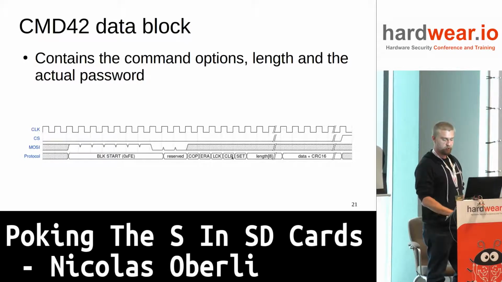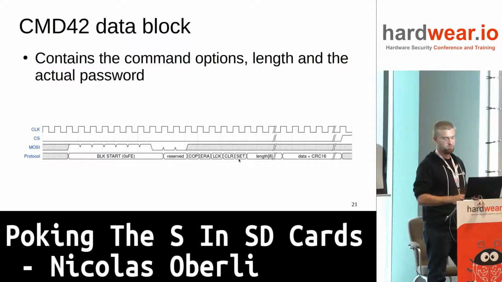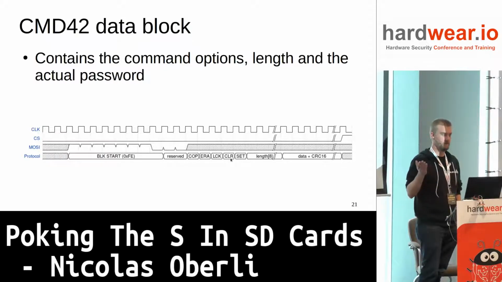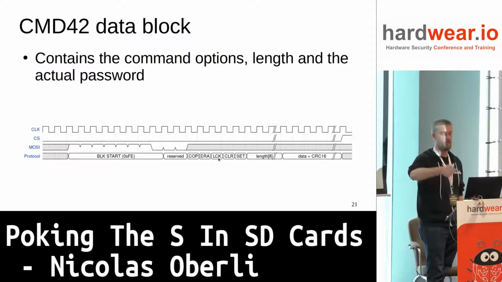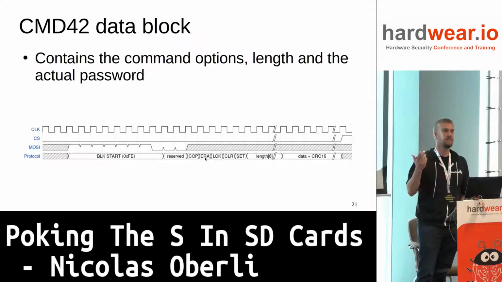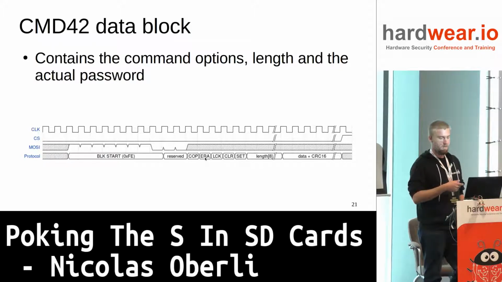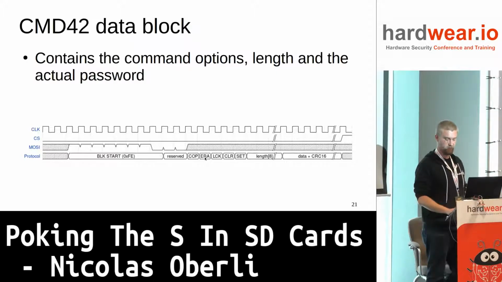So all those options there: the set bit is basically to set a new password, the clear bit to remove the password, the lock bit is to actually lock or unlock the card, and the erase bit is for if you forgot your password, you can use it to wipe the card, and it will wipe all data and the password as well.